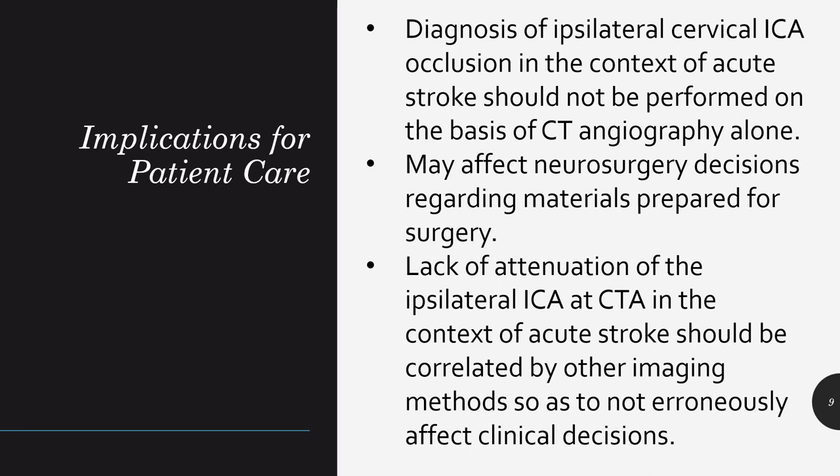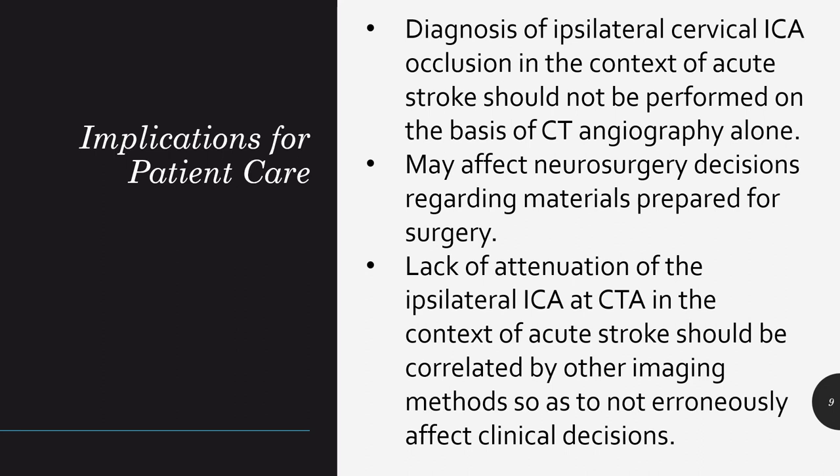So what does that mean for our patients? Well, the diagnosis of ipsilateral cervical ICA occlusion in the context of acute stroke should not be made on the basis of CT angiography alone. It may affect neurosurgery's decisions regarding materials that they're preparing for surgery, which can increase costs if they're anticipating that there is a tandem occlusion and it turns out there's only the distal occlusion, and it can also potentially affect patient outcomes.